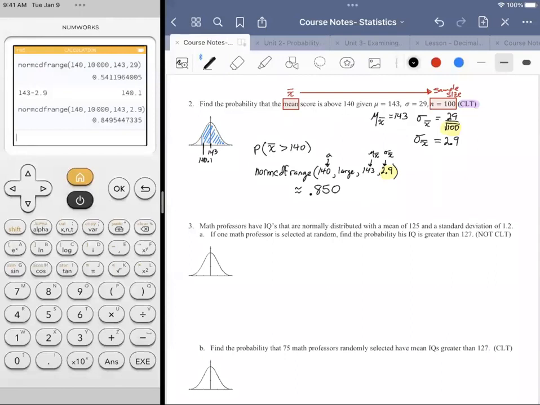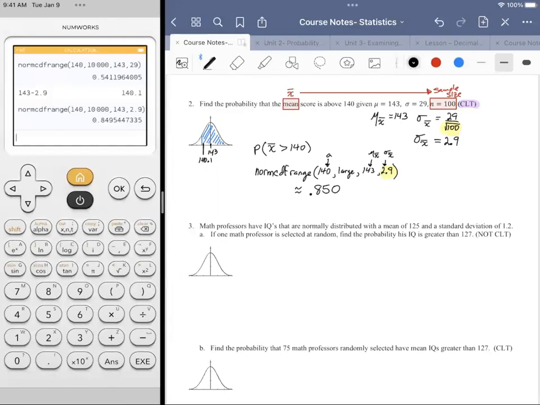Now, just for transparency, when I created this example, because it's fictitious, I made it up, I had in mind that IQ tests normally have a mean of 100 and a standard deviation of 10. And we know from previous studies that if you're more than 2 standard deviations above the mean, then you're in the unusual category.